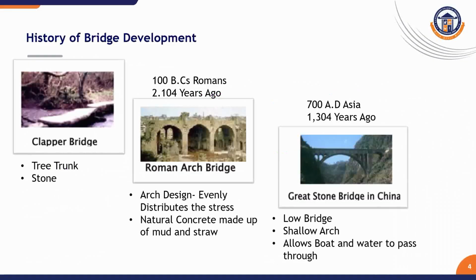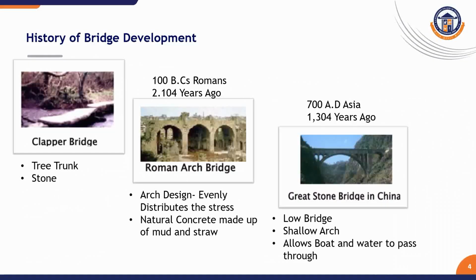Some of the history of the development of the bridge. Historically, bridges began with simple materials like tree trunks and stones. In the Roman period, the arch design was introduced around 100 BC, which helped distribute stresses efficiently.